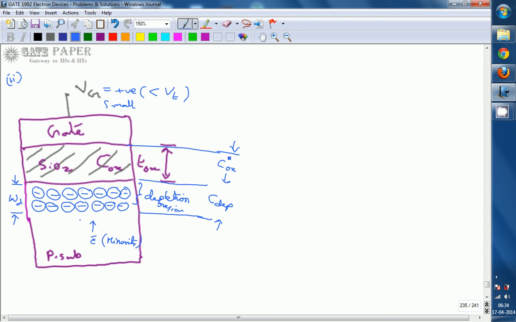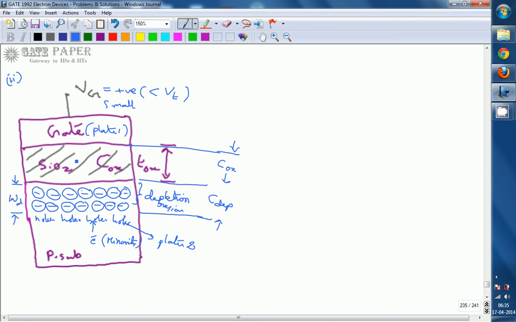So there are two capacitances present. The holes in the p-type substrate act as the second plate, and the gate acts as plate 1, with dielectric material being the depletion region along with the silicon dioxide layer.